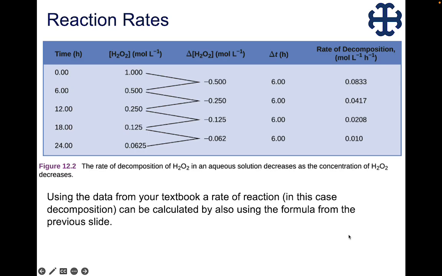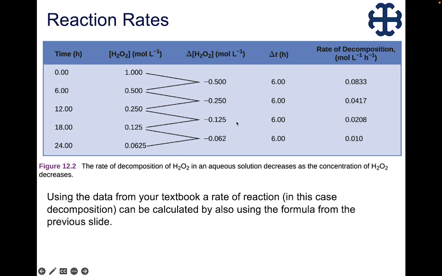And so if we were to look at this, this is from the textbook, where we can actually calculate a rate based on this. Again, if we were measuring concentration here across different time frames, we can see that our concentration basically gets cut in half at all of these time points.